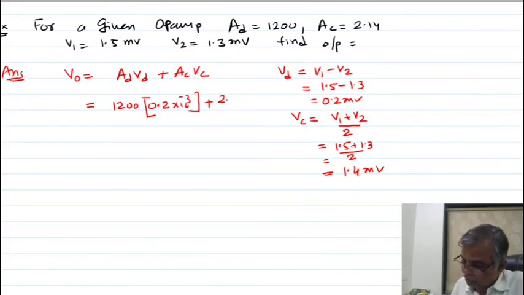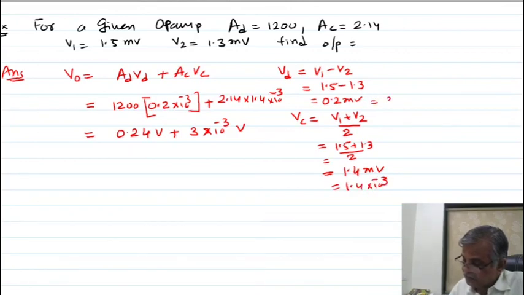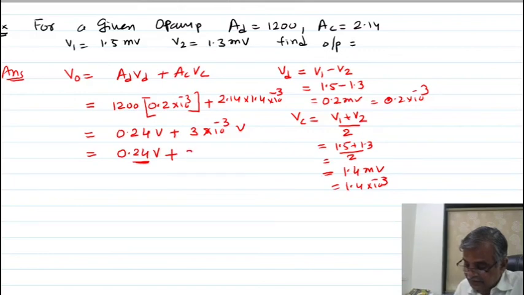So this is your 2.14 multiplied by 1.4. So this is your 0.24 volt. This is nearly about 3 millivolt, 3 into 10 raised to minus 3 volt. 1.4 into 10 raised to minus 3, this is 0.2 into 10 raised to minus 3. So your output voltage is 0.24 volt due to differential gain, and this is 3 millivolt for the common mode gain.